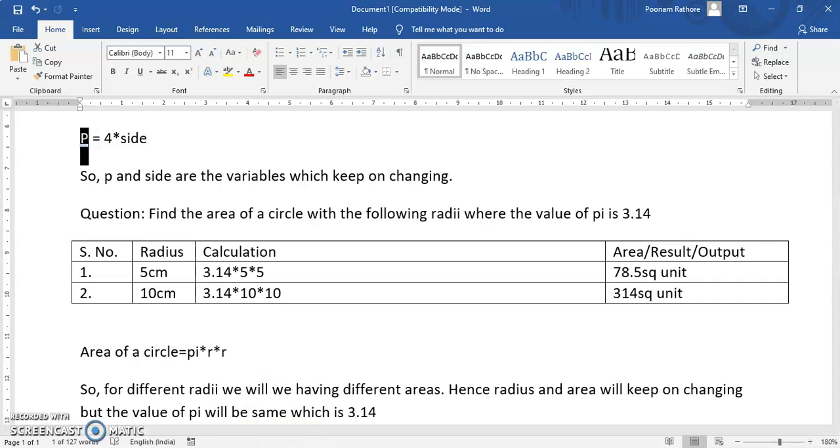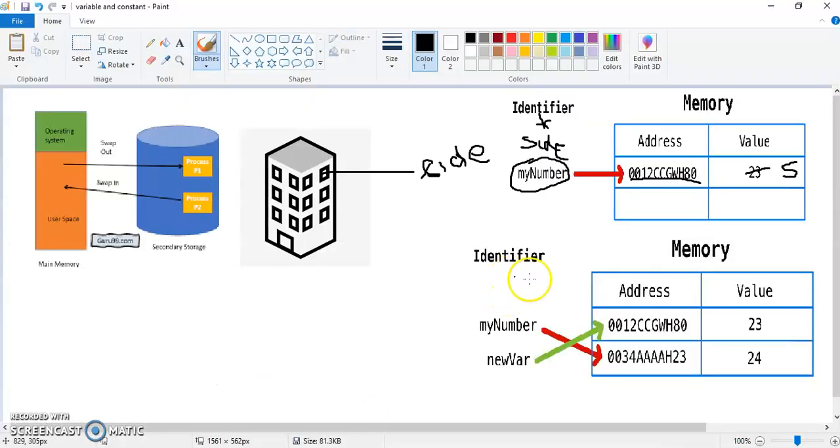When you give a name to an identifier, there are certain rules you have to keep in mind. The very first rule is that an identifier must start with an alphabet. It should never start with a number, though you can include a number at the end. Then special symbols are not allowed, like asterisk or greater than sign, though you can use underscore.